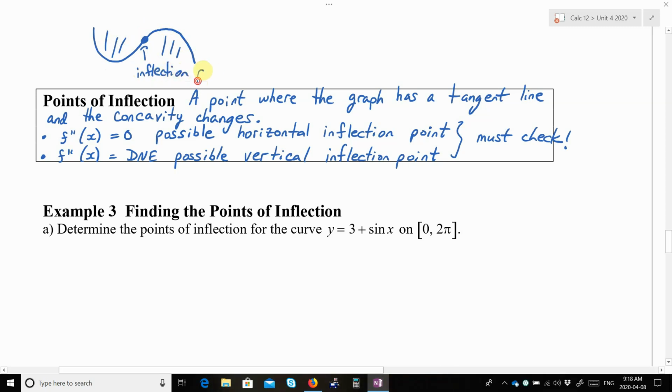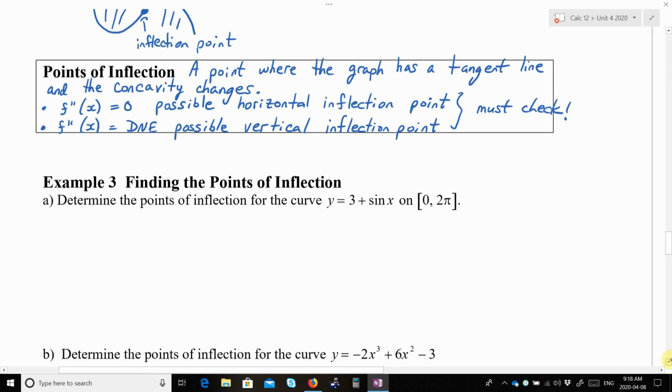Okay, so that's all we're talking about. This little section is what we call concave up. Happy holds water, and this section is concave down, dumps water.